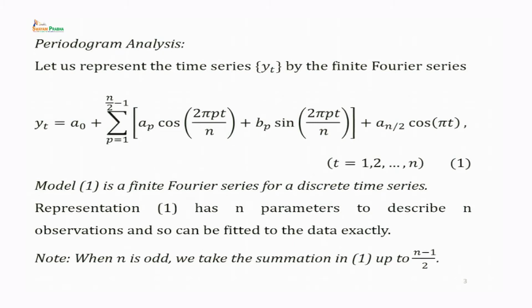In periodogram analysis, we represent the time series y t by the finite Fourier series: y t equal to a naught plus summation p equal to 1 to n by 2 minus 1, then inside the bracket you have a p cos 2 pi p t by n plus b p sin 2 pi p t by n, plus a n by 2 cos pi t.